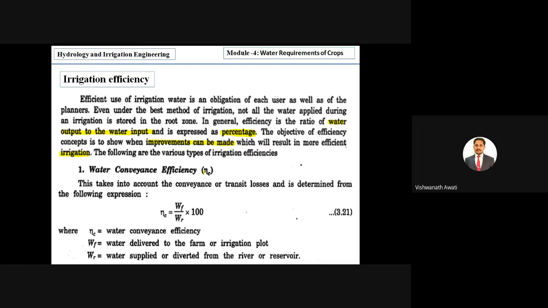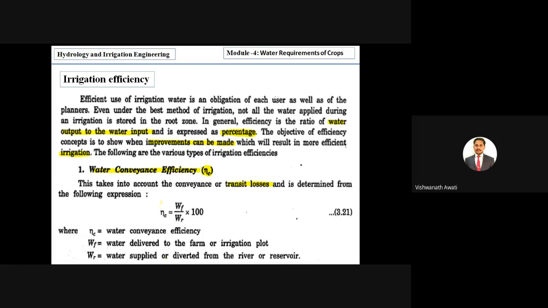And water conveyance efficiency takes into account the conveyance or transit loss, and it is determined from the following expression. Here eta C is water conveyance efficiency, WF is water delivered to the farm or irrigation plant, and WR is water supplied or diverted from the river.